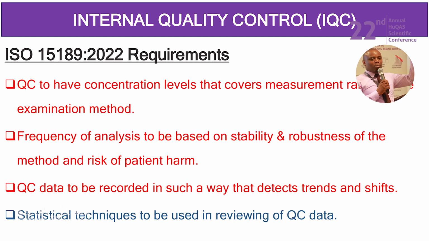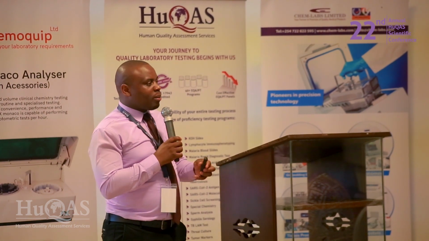And therefore, plotting of LJ charts or any other tool that you may want to use, any statistical tool, is now a mandatory requirement to ensure that you're able to detect those trends and even interpret them based on either the Westgard rules or any other multi-rule criteria that you may want to use for your IQC as a criteria for acceptability.